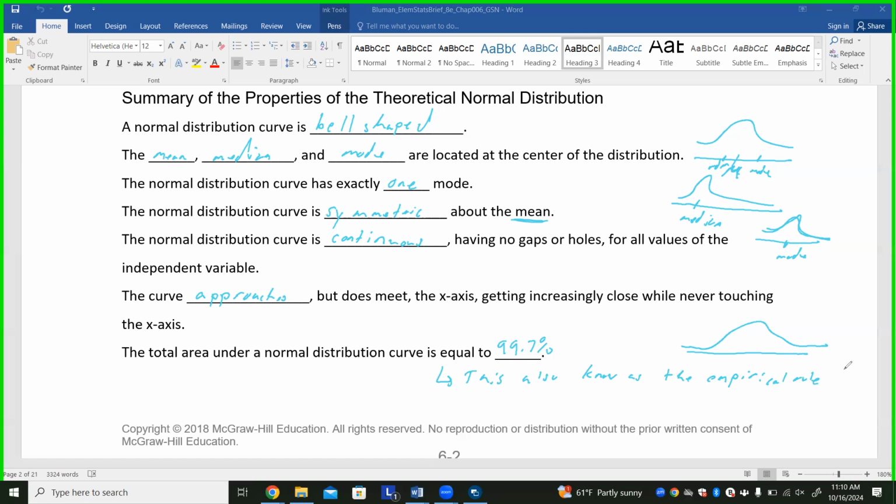Oh, my bad. I got off on my task here. This right here is supposed to just be one. The 99.7 is a different thing. No, that last thing will be the empirical rule, the 99.7.